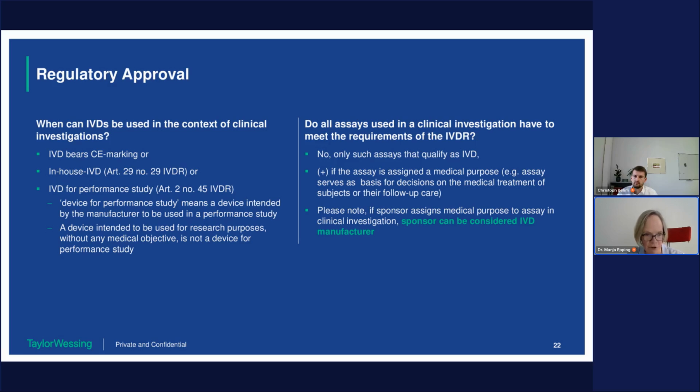And there are only 3 possibilities. So either the IVD is already CE marked. That's not very often the case with companion diagnostics because they need to be somehow tested in parallel.